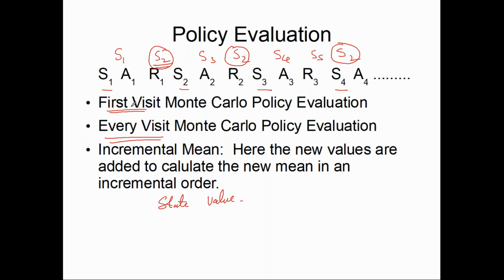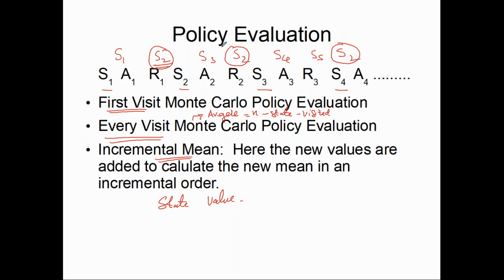So when we are talking about every visit, we are talking about something called an average, the average over the n number of times the state is visited. So that is every visit Monte Carlo. This is where we come across the average as incremental mean.